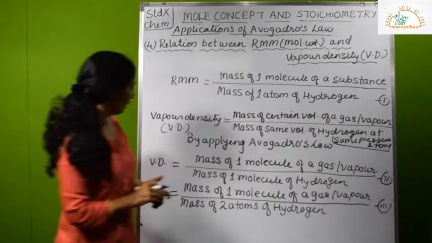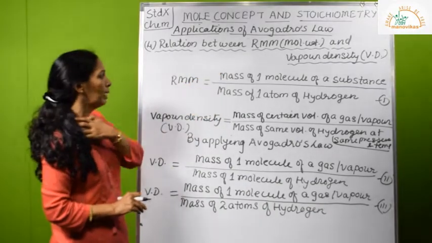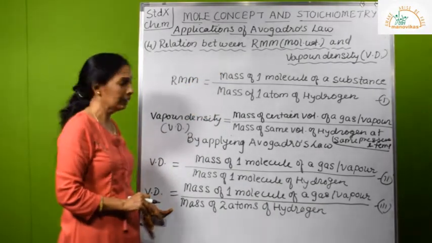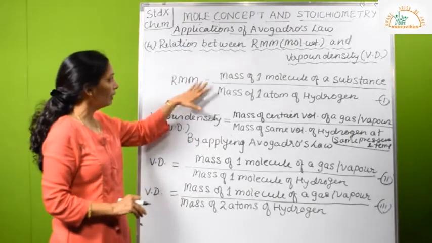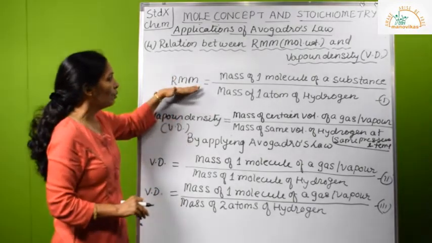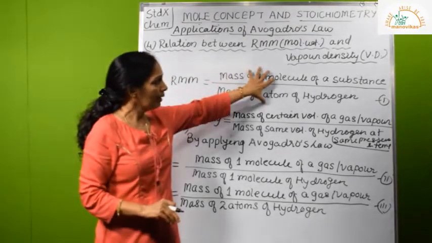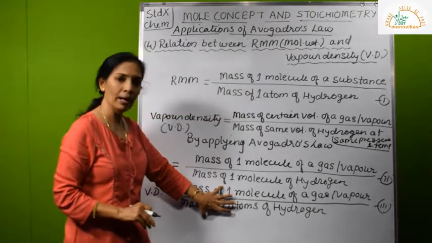So now if we compare this 3 and 1, this is for relative molecular mass and this is for vapor density. To get the relation between relative molecular mass and vapor density, let us divide relative molecular mass by vapor density. That means this entire expression is to be divided by this.